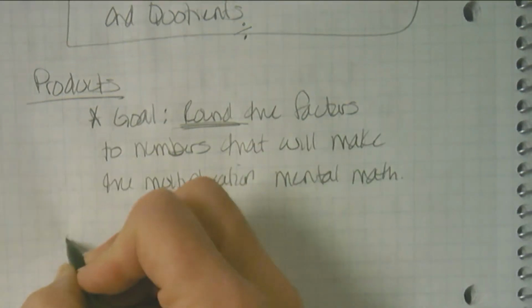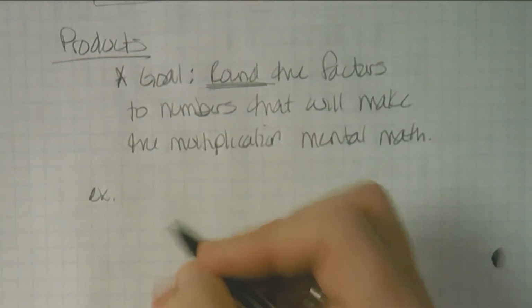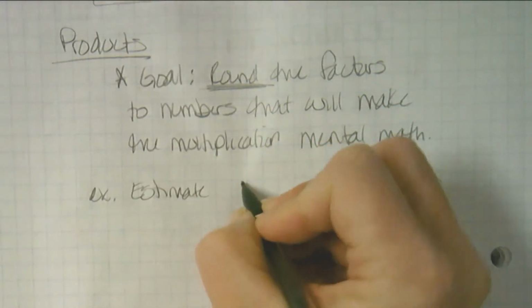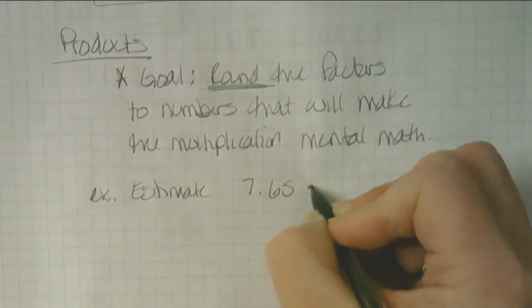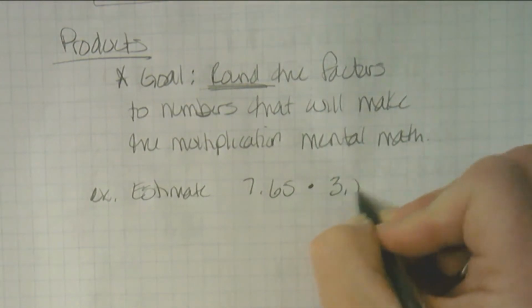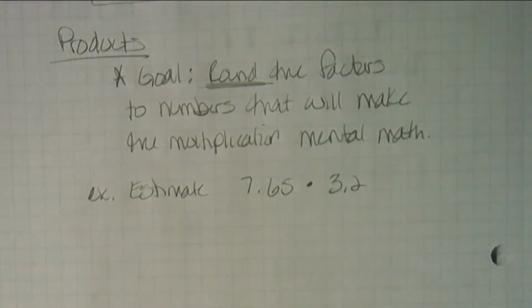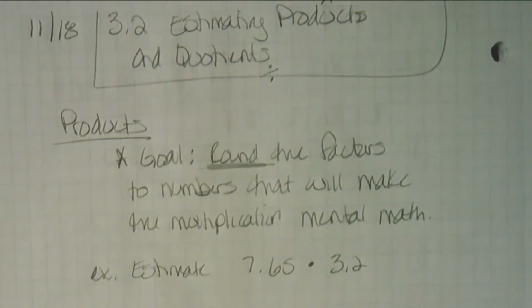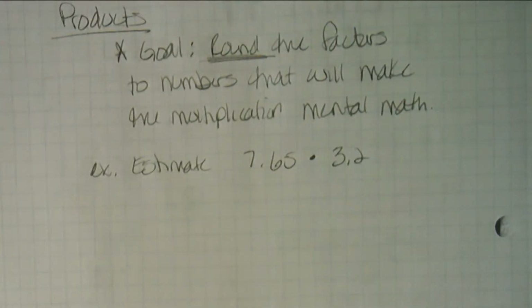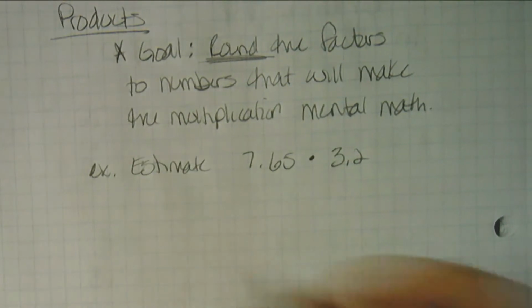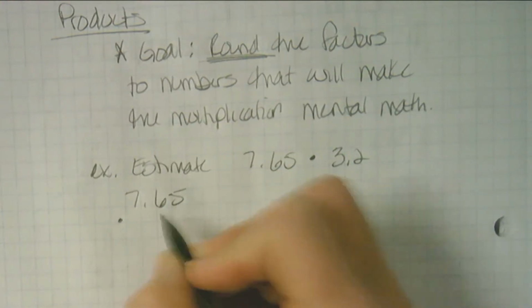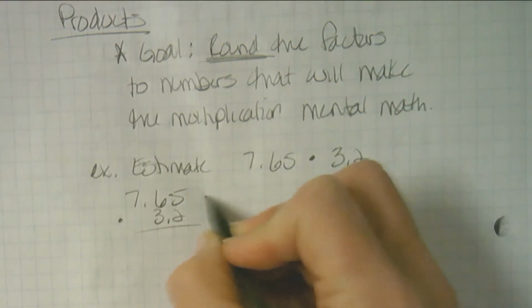So if we have something like this, I want to estimate 7.65 times 3.2. Jack, we are really just getting started in our notes, so if you want, leave a little bit of space at the top for the heading, and you can go ahead and get started with this. So if I take a look at 7.65, and I'm going to multiply that by 3.2, I want to estimate.